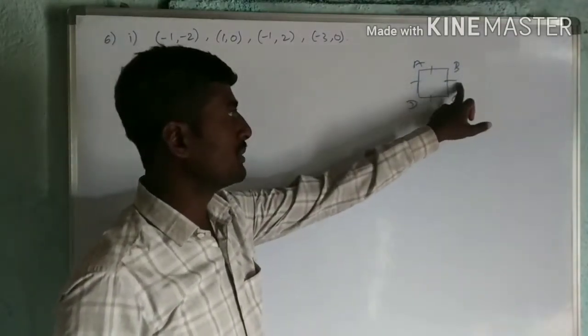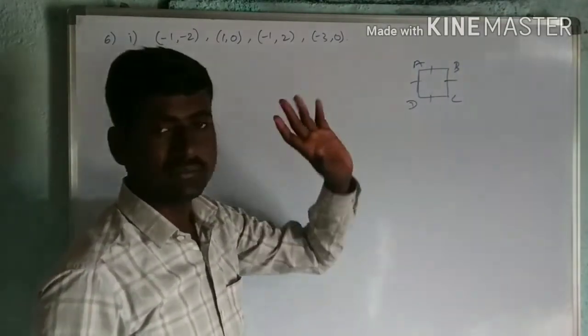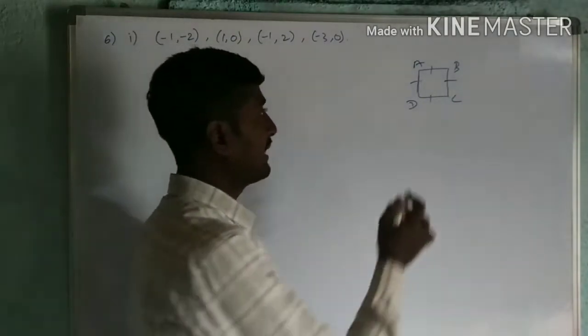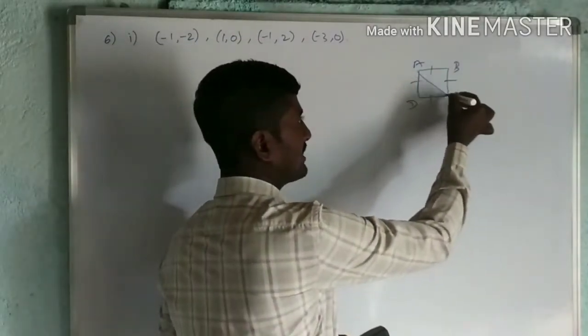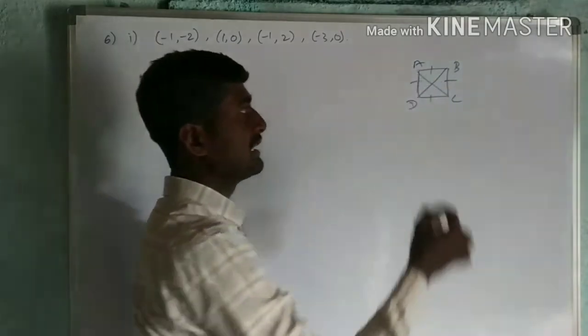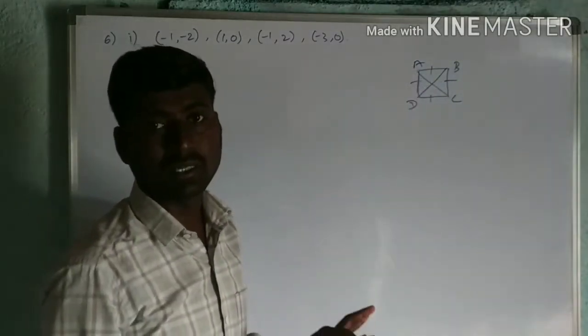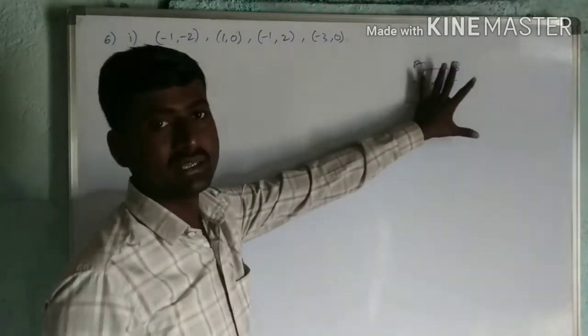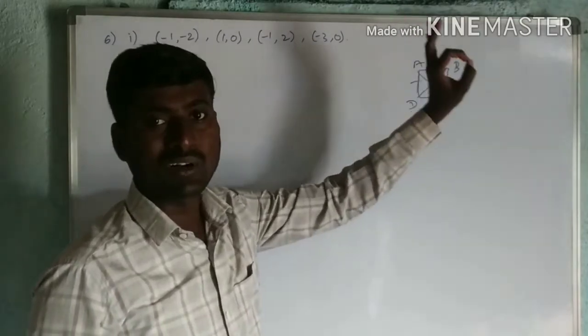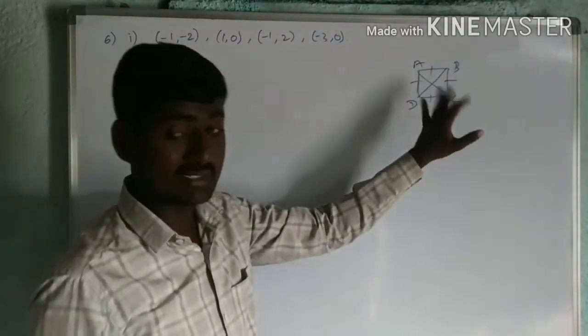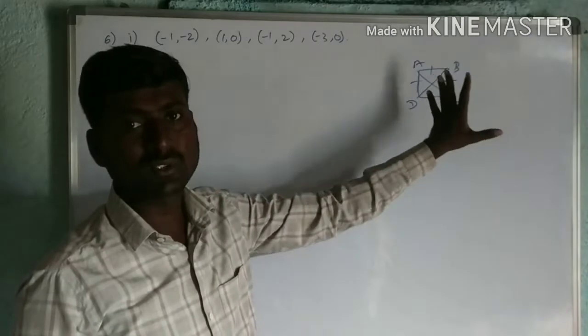AB must be equal to BC equal to CD equal to AD. This is one condition. Another condition is that the diagonals AC and BD must be equal. Then I can say that ABCD are the vertices of a square.